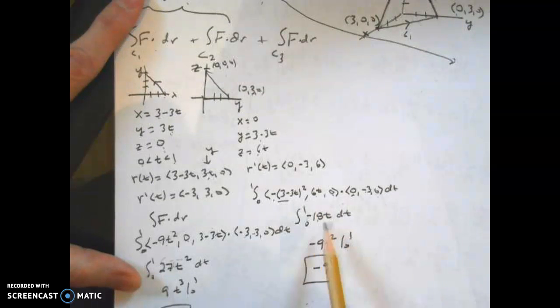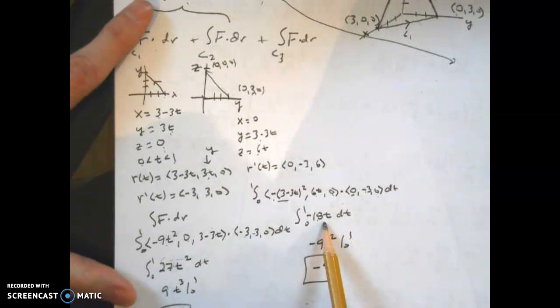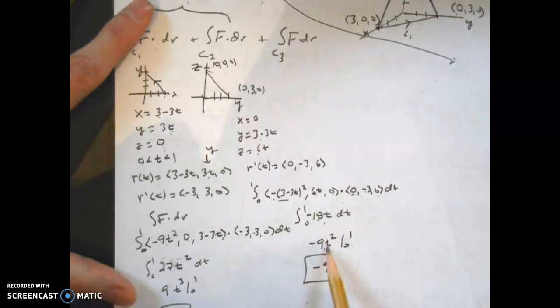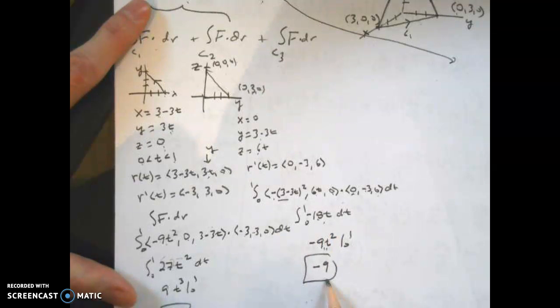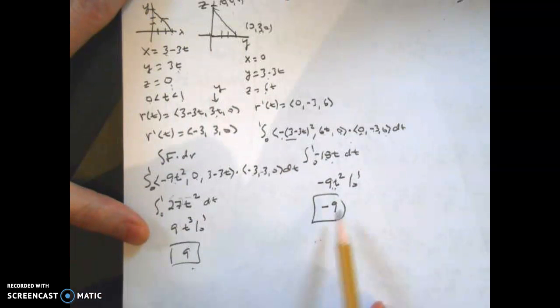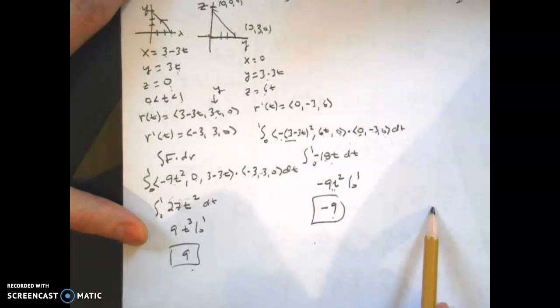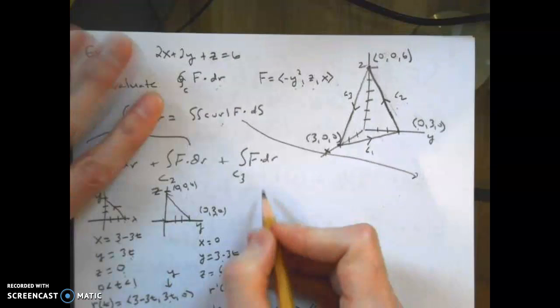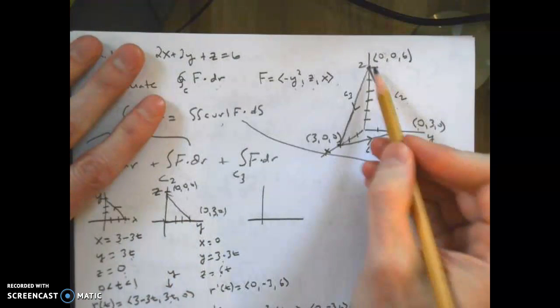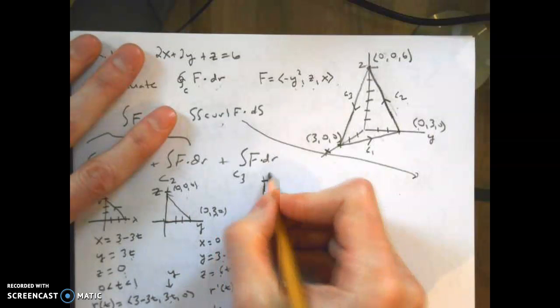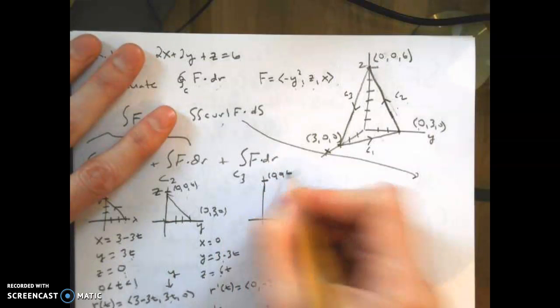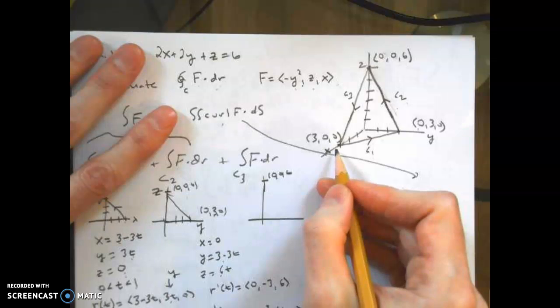I just got negative 18t there, and the antiderivative, negative 9t squared from 0 to 1, is negative 9. So right now I've got 9 plus negative 9, and then I have to add the integral on the third curve. So the third curve, we're going from 0, 0, 6 to 3, 0, 0.